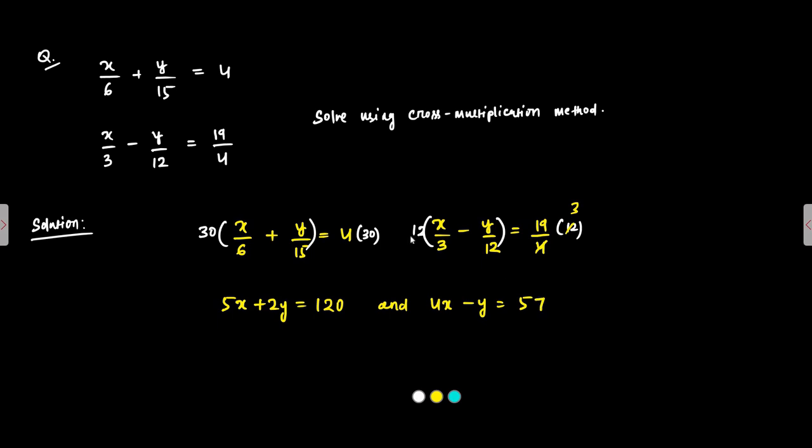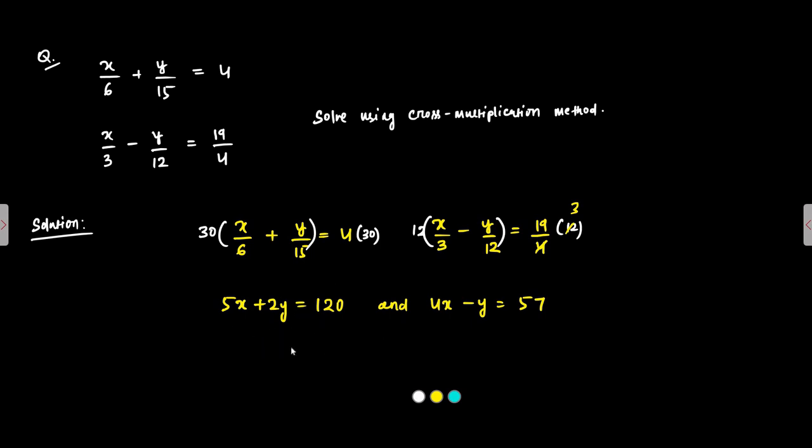Okay, so here 12 into x by 3, that is 4, so 4x minus y is equal to, 4 cancelled by 12 is 3, then 57. Yes, that's right. So we have converted it into standard format which we have handled so far.